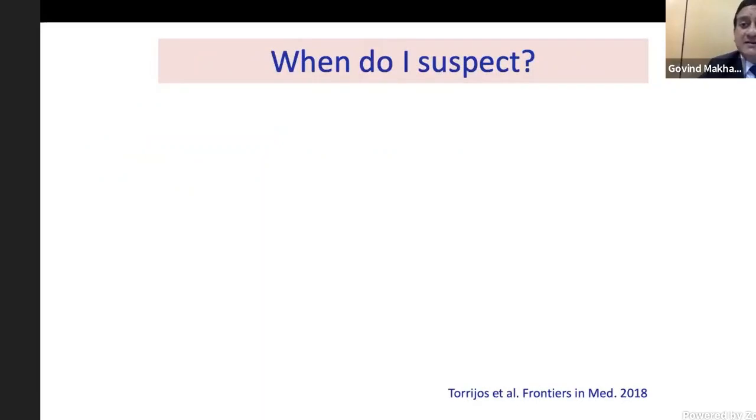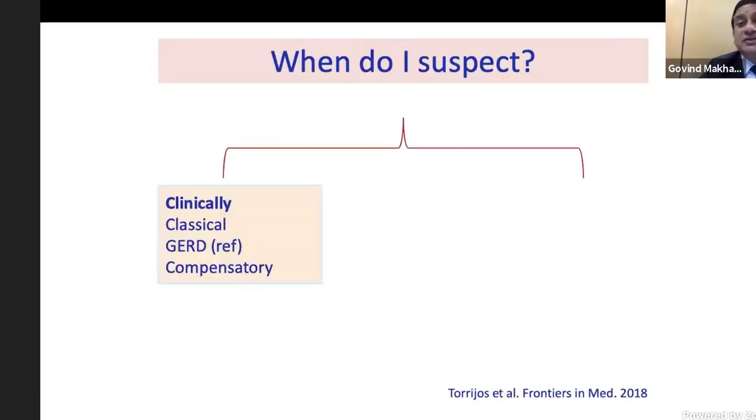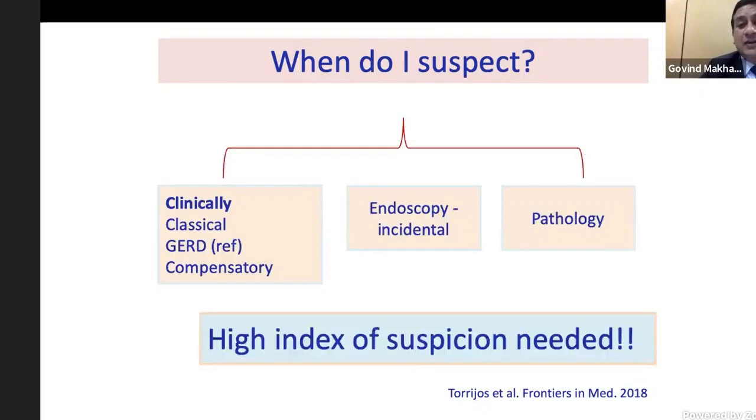So when do I suspect? The most important is that I will always keep a high degree of suspicion, or a low threshold for suspicion, of this diagnosis. A patient may come with a classical symptom like dysphagia. They come with symptoms of esophageal dysfunction, or heartburn or chest discomfort, like symptoms of GERD.